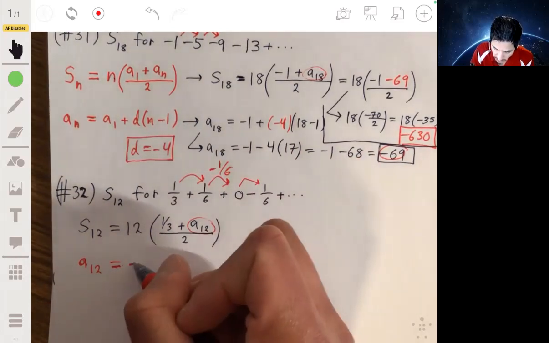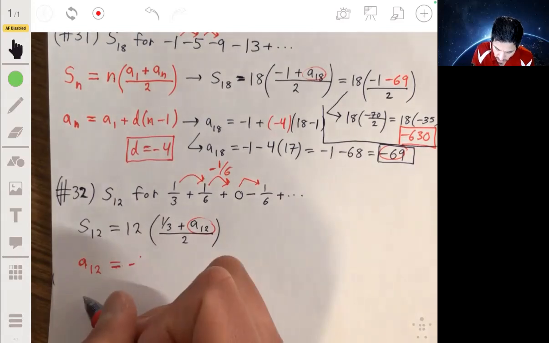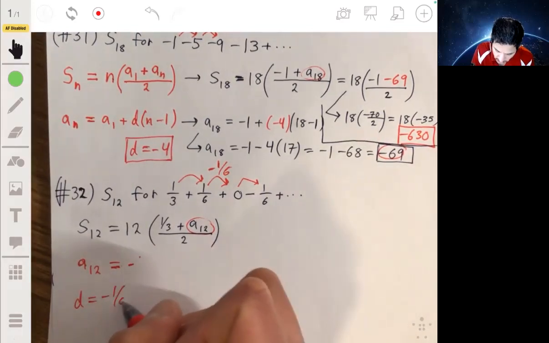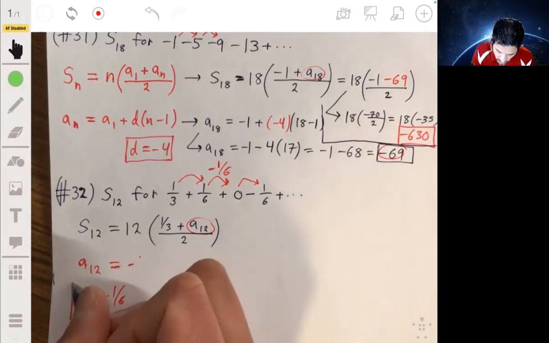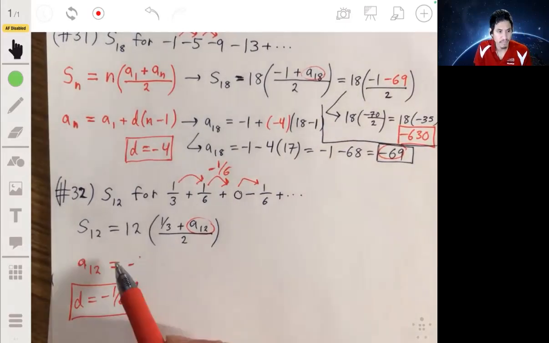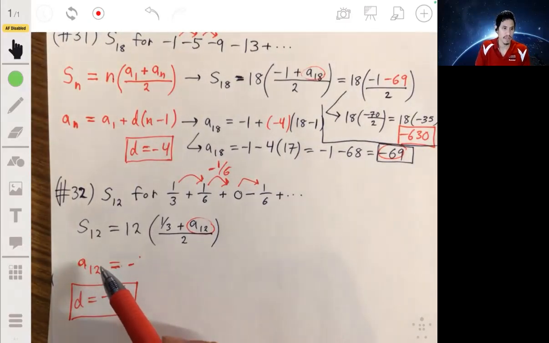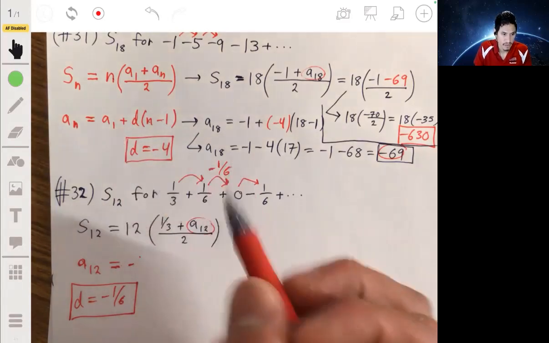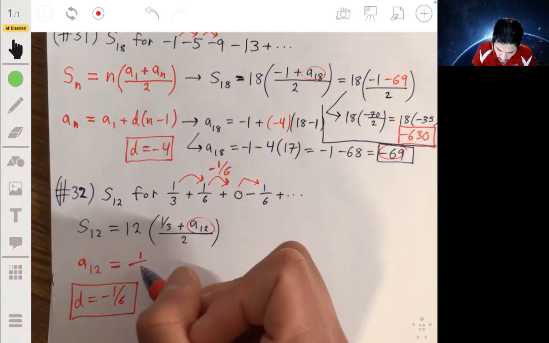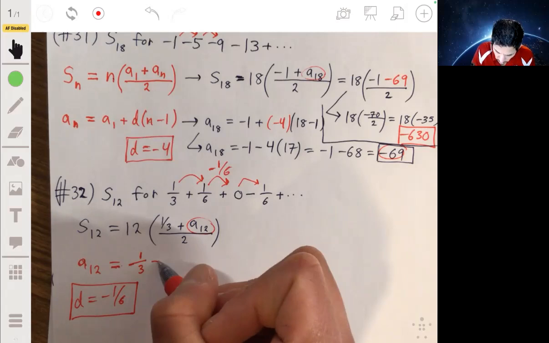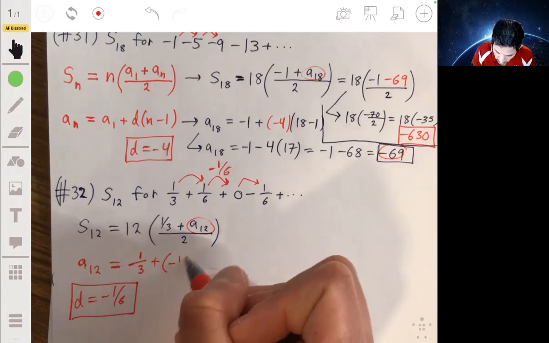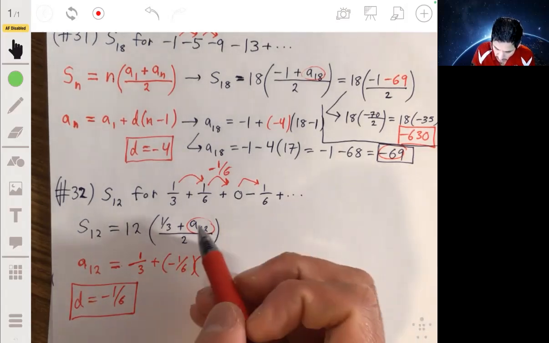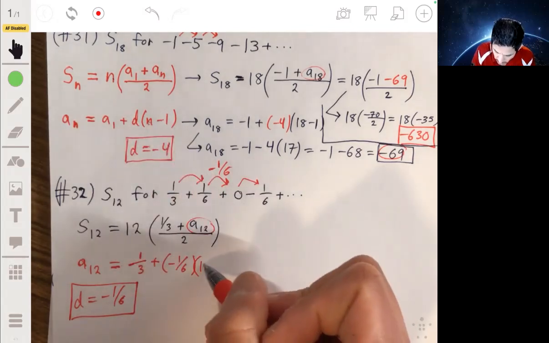Your common difference is negative 1/6. So D is negative 1/6. Then A12 would be A1, which is 1/3, plus a negative 1/6 times 12 minus 1.